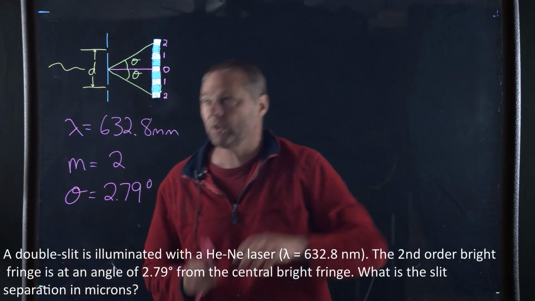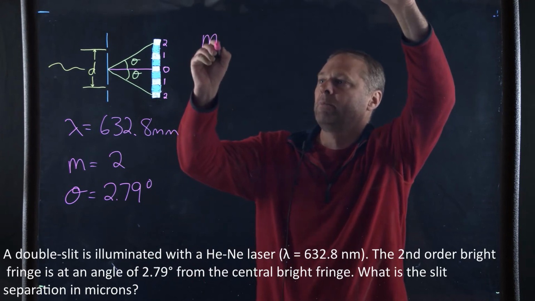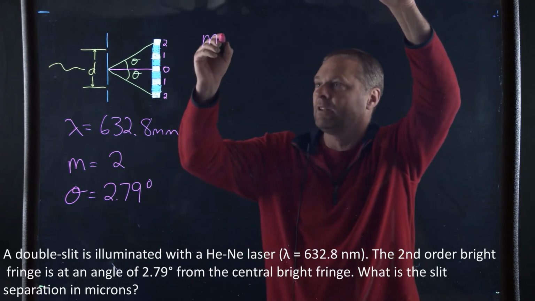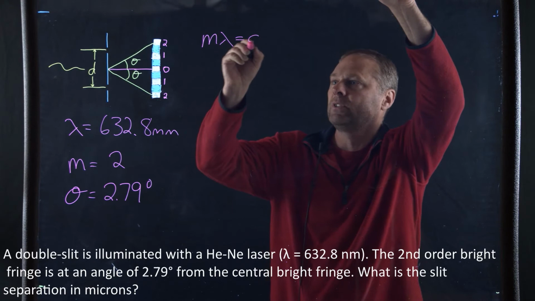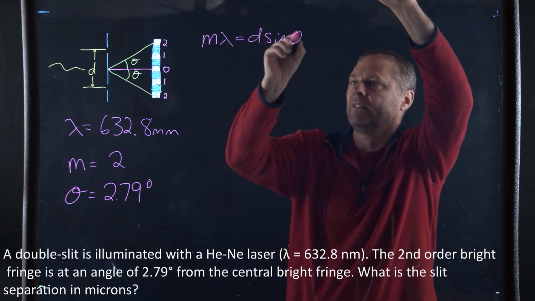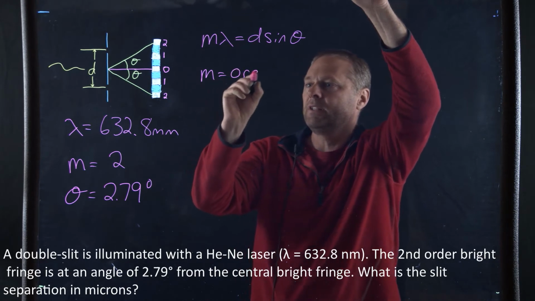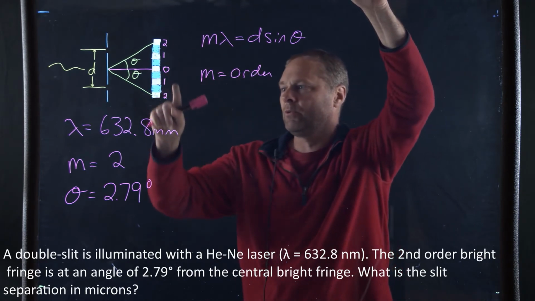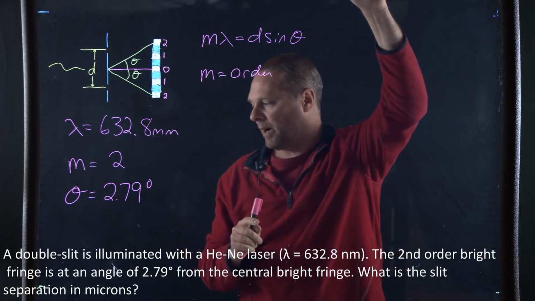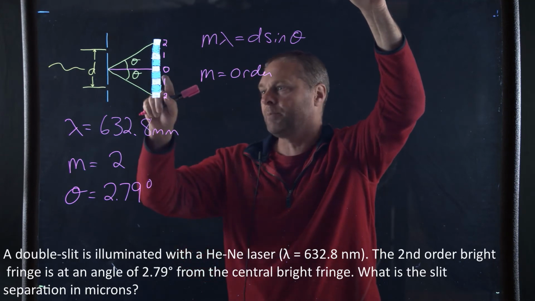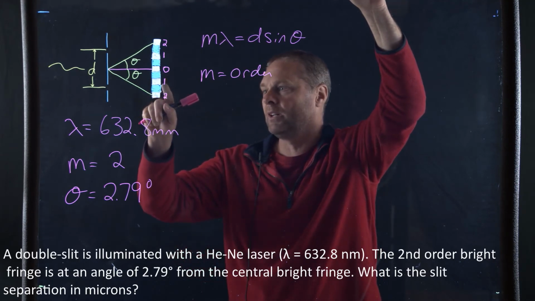The equation we're going to use for this is m lambda equals d sine theta, where m is the order. The numbers here represent the order, and we're looking at a bright spot. If we're looking at a dark spot, then this would be 0, 1, and 2.